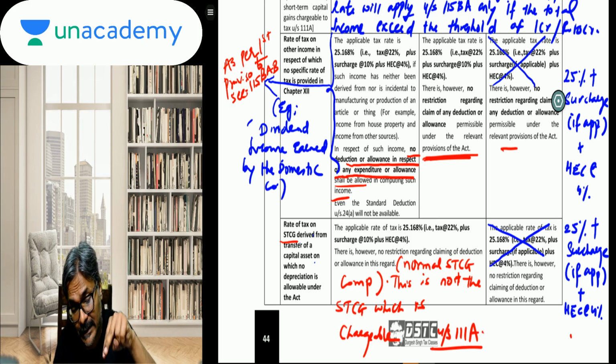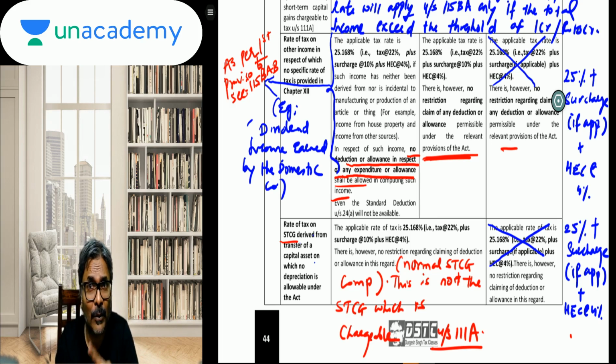So this is a criteria or condition applicable only for 115 BAB. Just keep that particular point in mind. Okay, so that is one particular point which is something which you should be very careful about it. Fine, students?